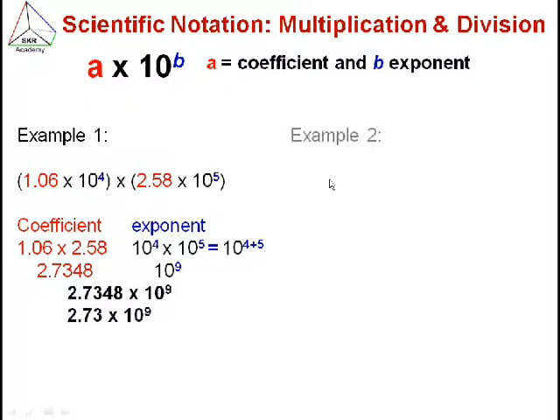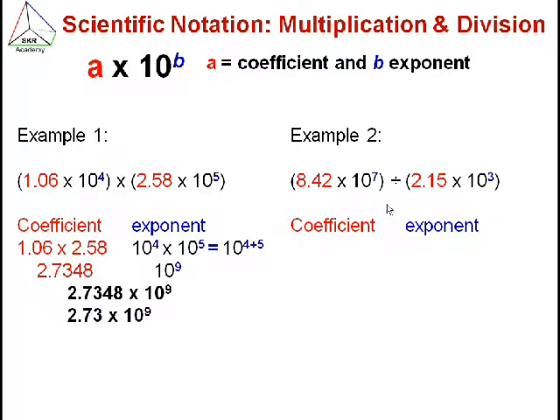And let's take another example of division, where we have to divide 8.42 times 10 raised to the power 7 by 2.15 times 10 raised to the power 3. So once again we do the same thing as we did in multiplication. We will divide the coefficients separately and the powers of 10 separately.